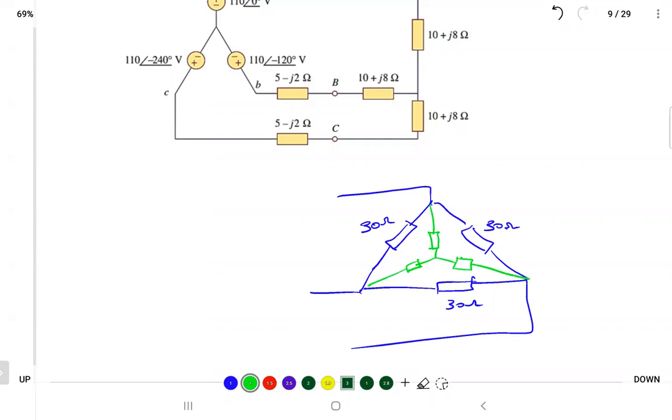That's the equivalent Y. You connect the load at the points here. Each one will be one third of the impedance. So if this impedance is 30 ohm, you divide it by 3, you have 10 ohm, 10 ohm, 10 ohm.